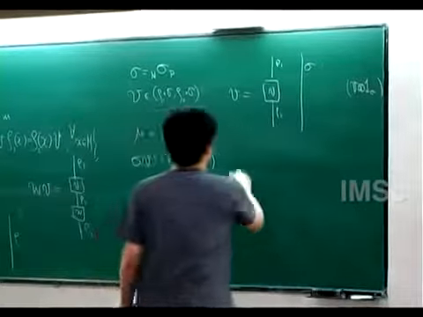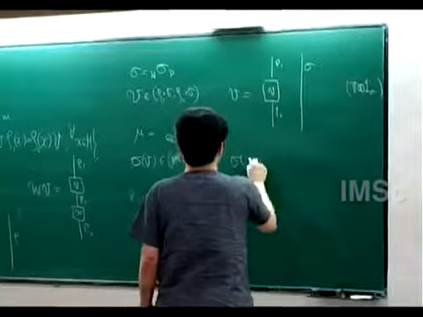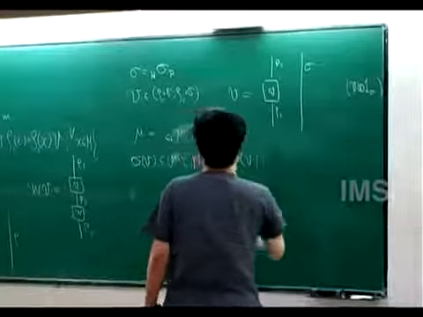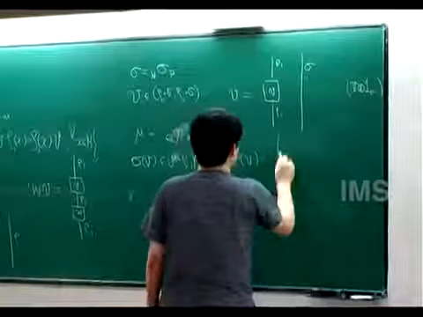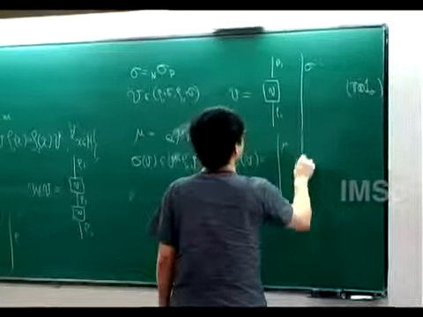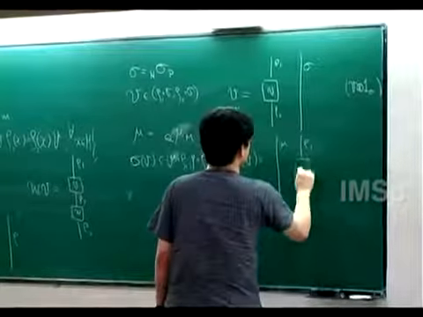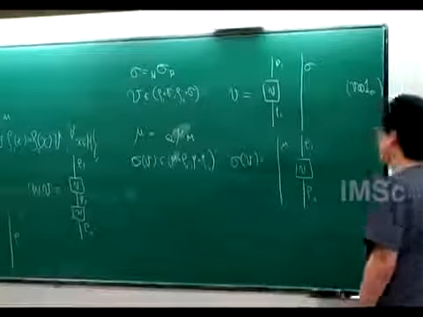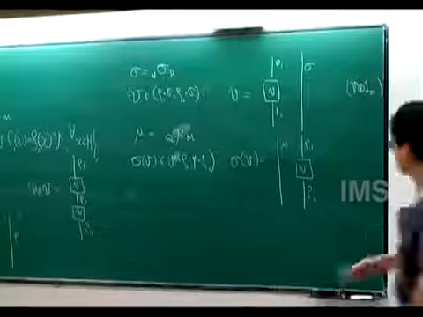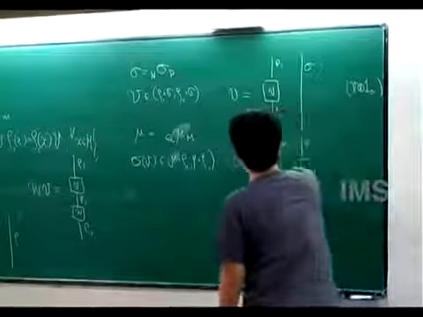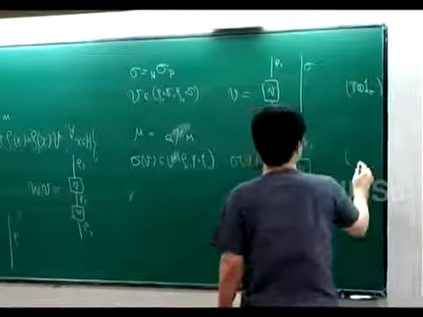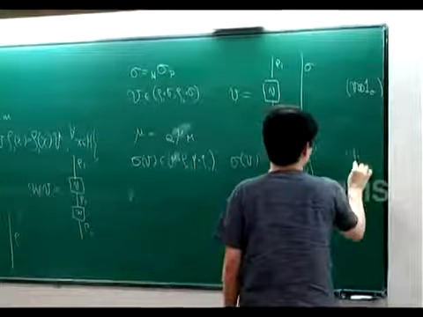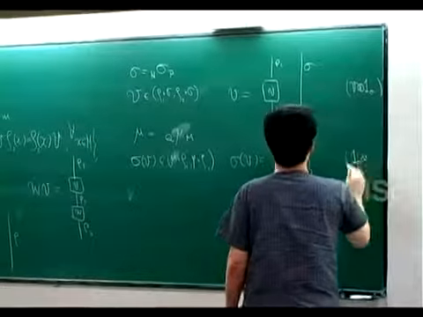So sigma V is expressed as, here you have mu, and you have rho 1, rho 2. So this is my convention. And in tensor category, this corresponds to this tensor product.